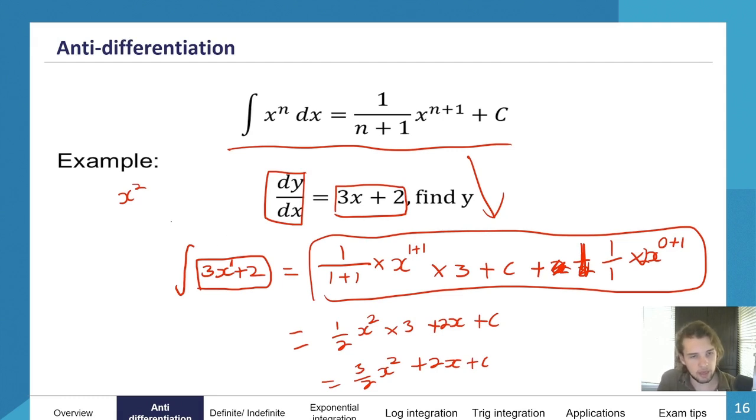Now, if we did derive x squared, it would become 2x, but we want 3x instead. So we're probably going to have to put a 3 over 2 out the front here, so that it becomes 2x times 3 over 2, which is equal to 3x.